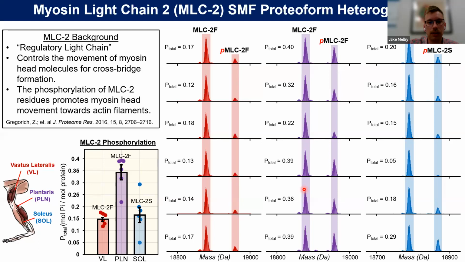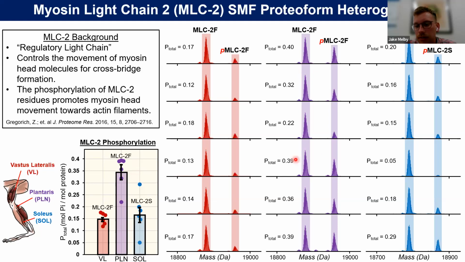So obviously measuring this PTM is extremely important when understanding muscle biology. So again, when we look through this data, without even having to understand what's going on, we can see that there's a lot of differences in our plotted data.